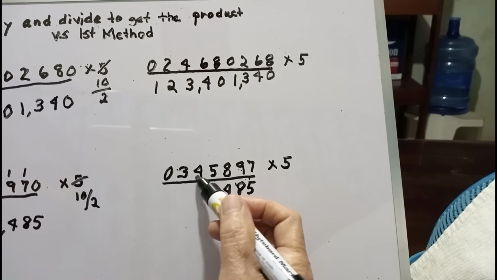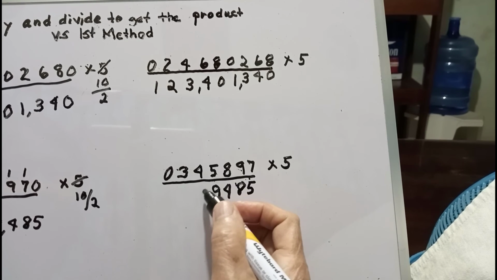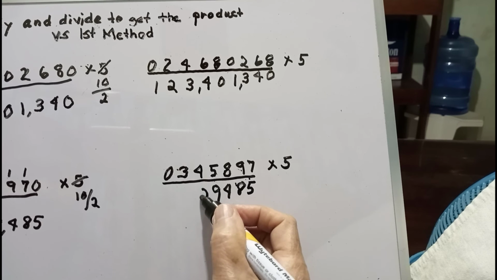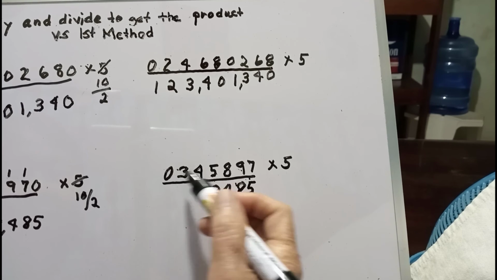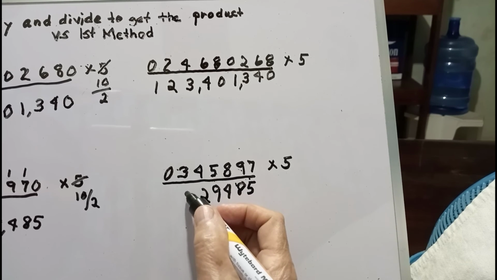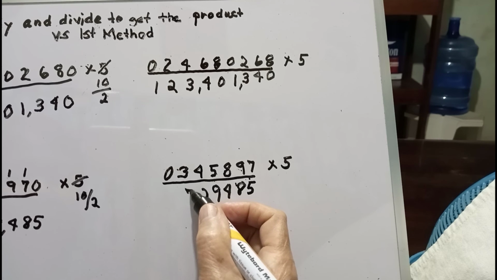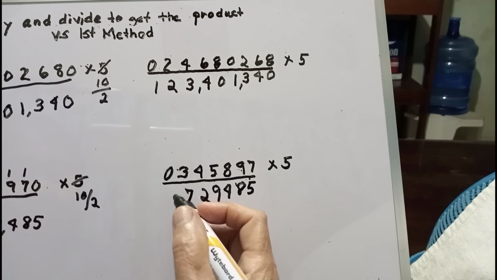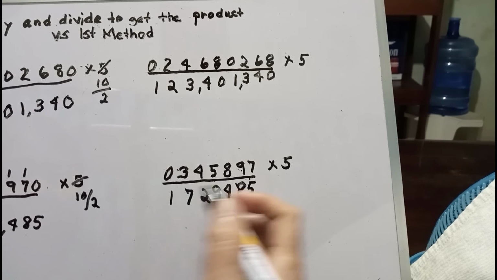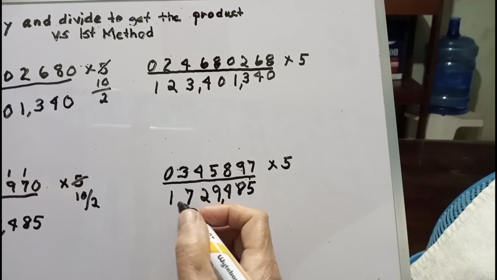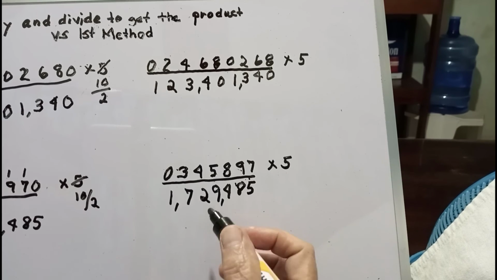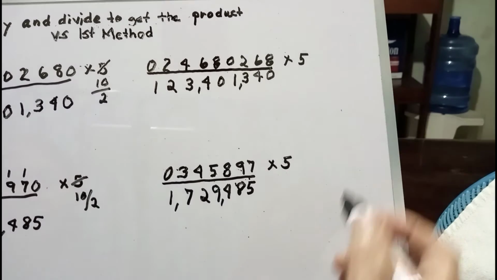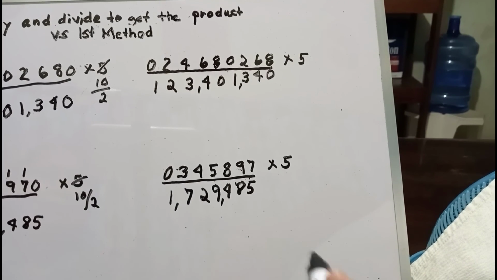This is even, so half of this is 2. This is odd, so 5 plus half of this, that would be 7. This is even, half of this is 1. So the answer is 1,729,485. They are the same.